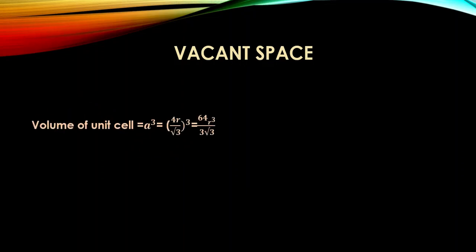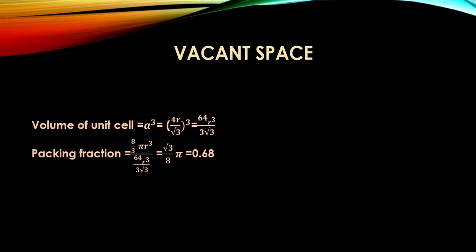So the volume of the unit cell is length, width and height multiplied, and all are the same length a, so it is a cube. Here a is equal to 4r by root 3, whole cube, which is equal to 64 r cube by 3 root 3.